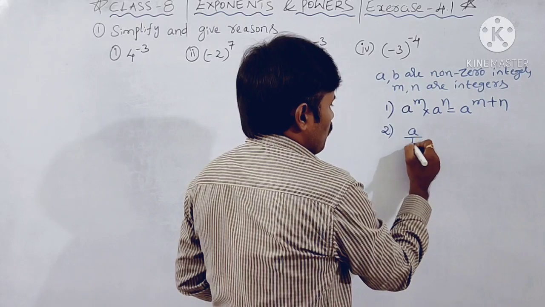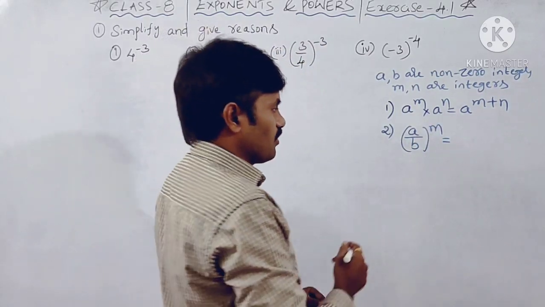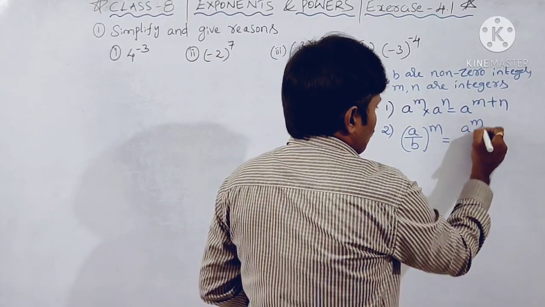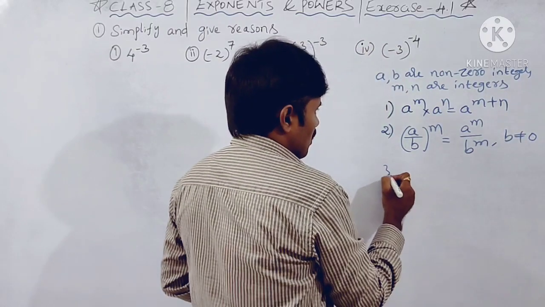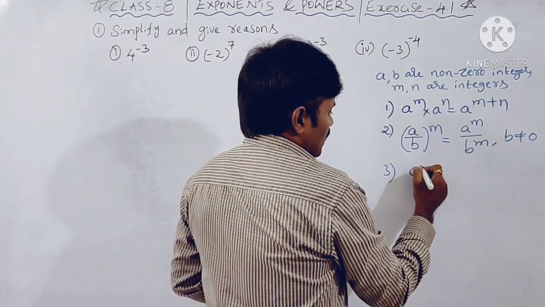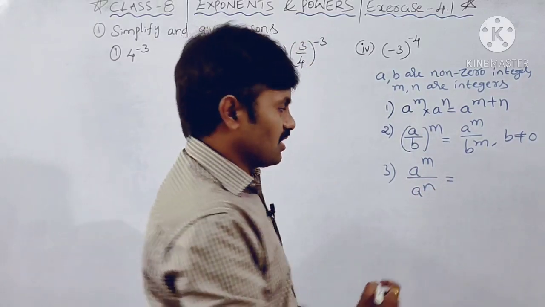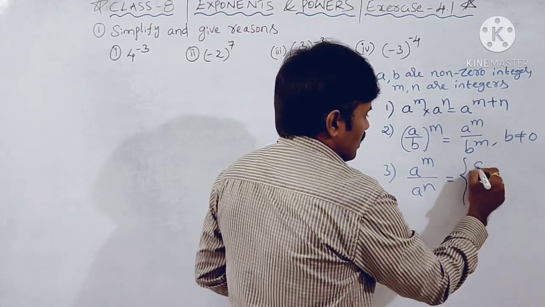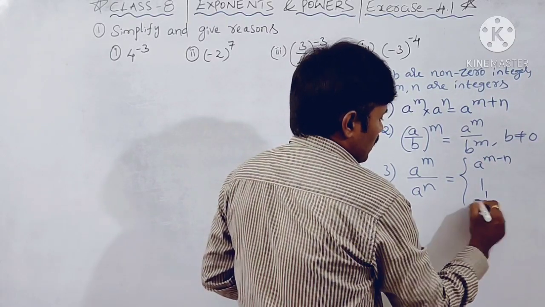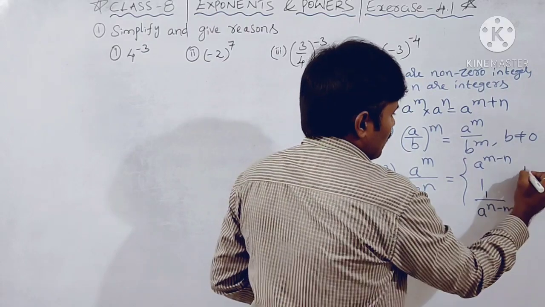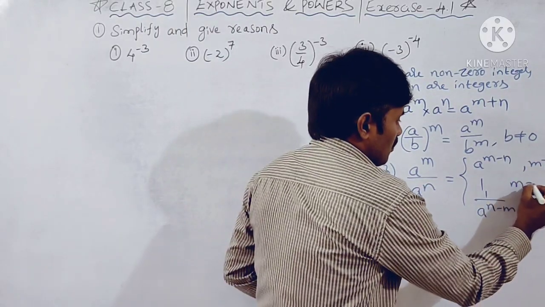The second one is a by b whole to the power of m is equal to a power m by b power m, where b is not equal to 0. And the third one is a to the power of m by a to the power of n, where we get three cases: a to the power of m minus n where m is greater than n, 1 by a to the power of n minus m where m is less than n, and 1 where m is equal to n.